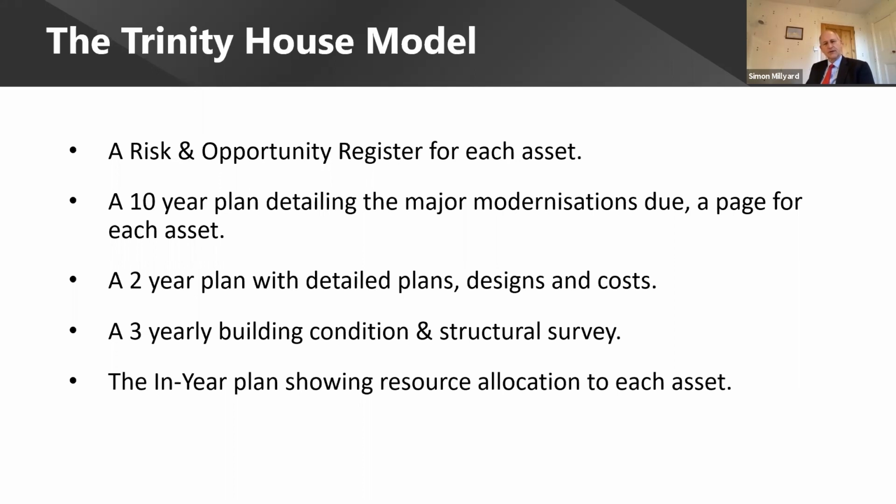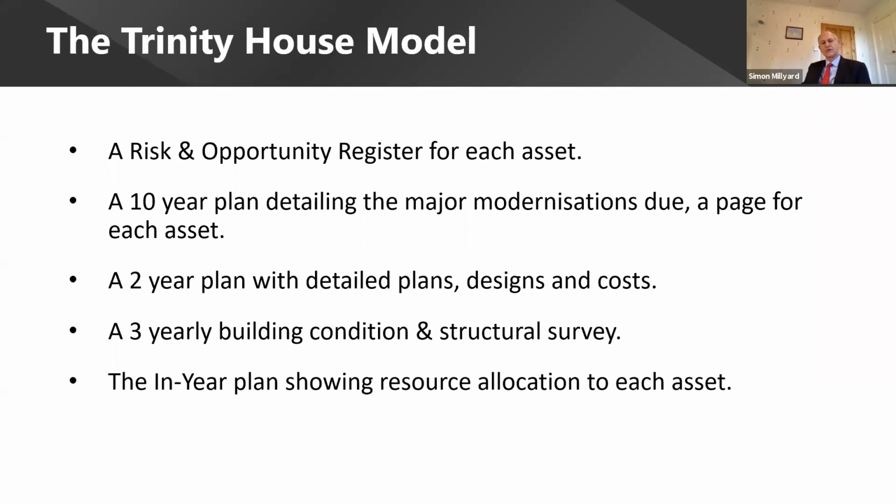Within that, there will be annual or twice yearly maintenance visits. For a visitor center, we may have a monthly visit by a local attendant. And every 3 years, we have a building condition survey, a structural survey on the site, looking at the condition of the structure.